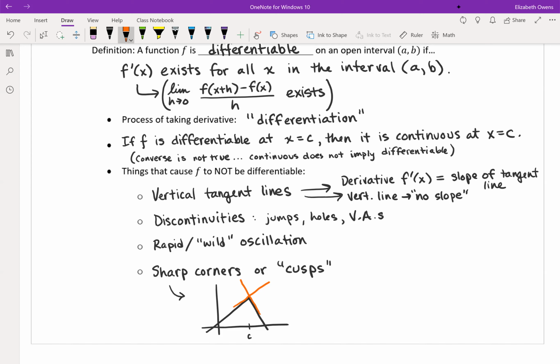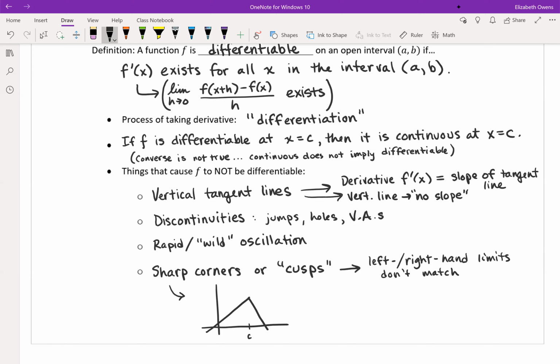So our derivative doesn't exist there. We don't know which slope of which tangent line, and it doesn't match up. So on these, the left and right hand limits don't match.